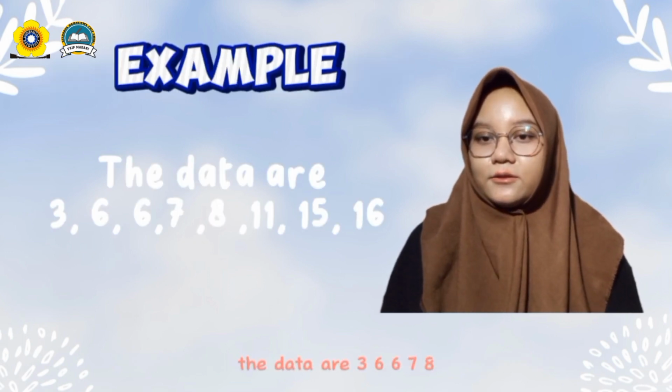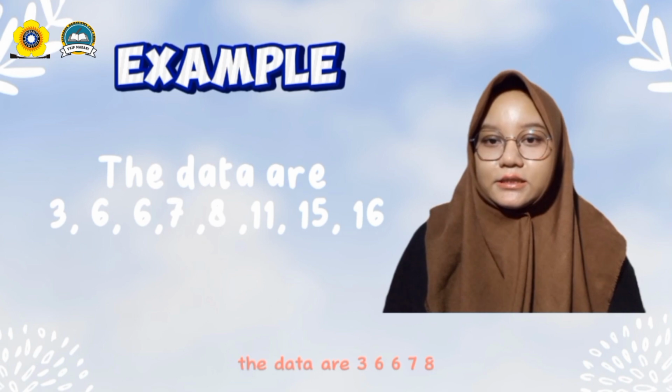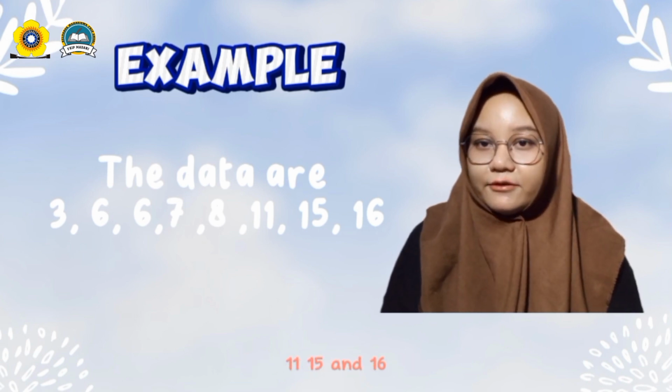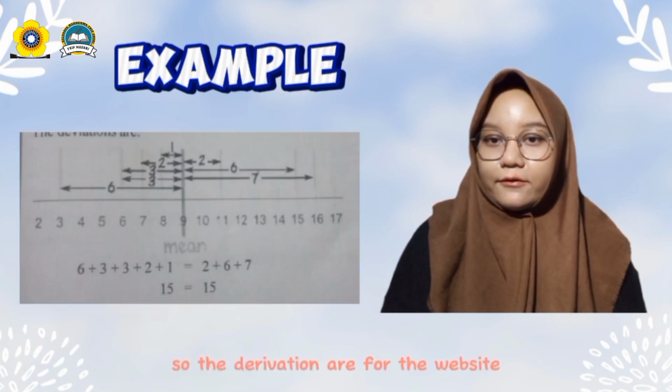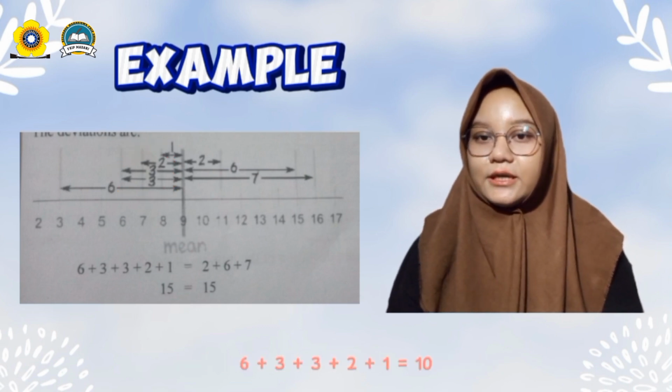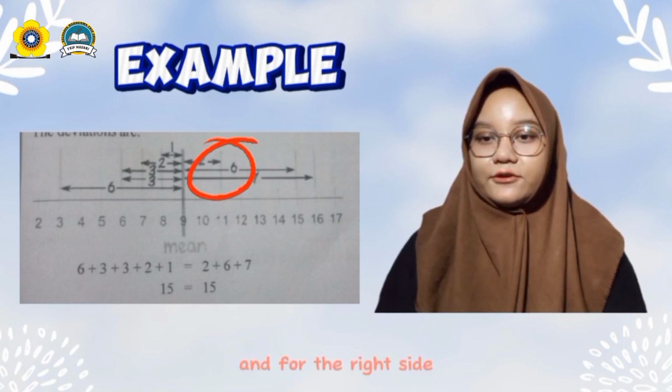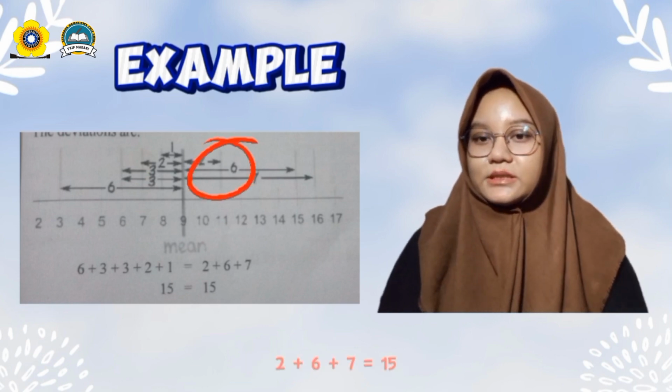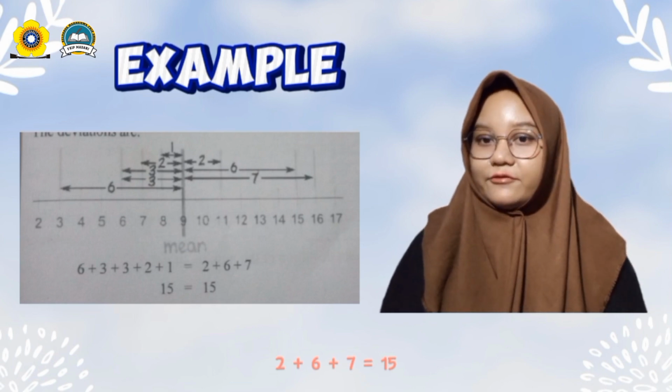The data are 3, 6, 6, 7, 8, 11, 15, and 16. So the deviations for the left side are 6 plus 3 plus 3 plus 2 plus 1, which equals 15. And for the right side, 2 plus 6 plus 7 equals 15.